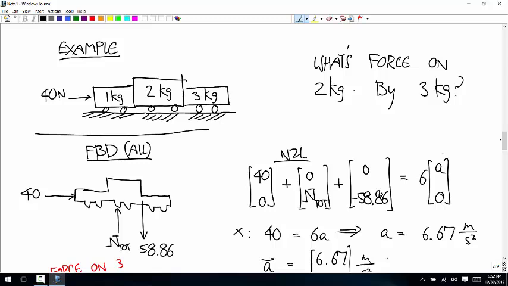So the contact force is going to drop down as you move to the right. So this is 40 here. This is 33 here. This is 20 here. It would keep getting smaller and smaller if you had 20 carts or whatever.